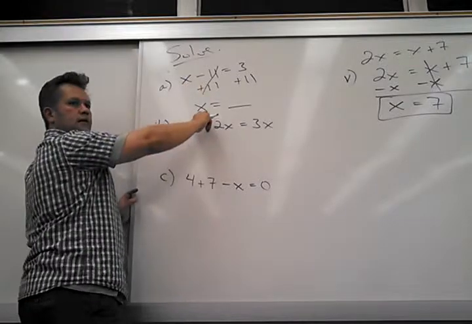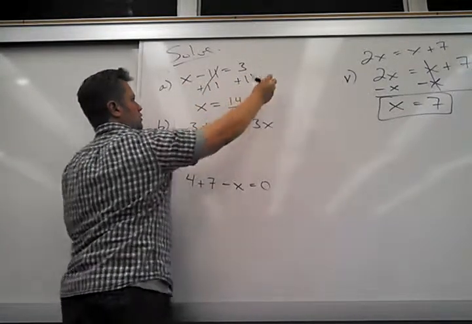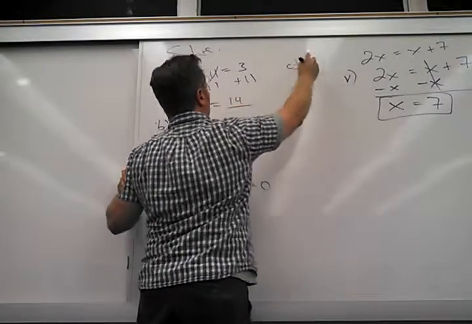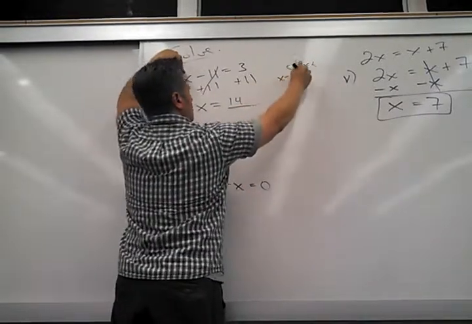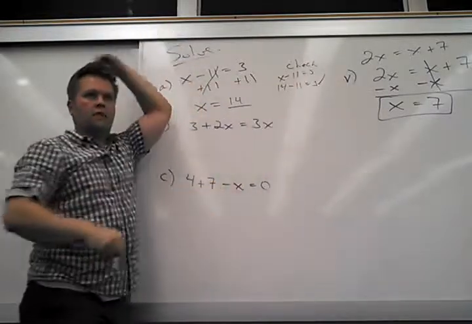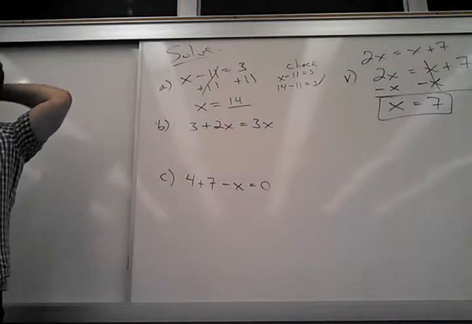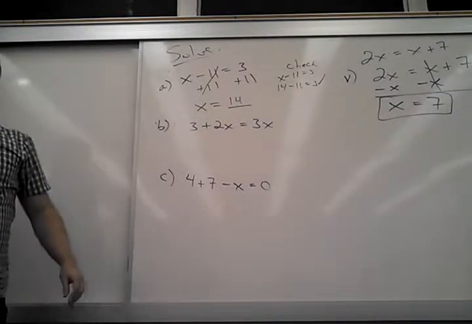So I'm left with x. Is that cool? And over here I get 3 plus 11 is 14. So if I did check it, I would put the 14 right there. And that does work. 14 minus 11 is 3.